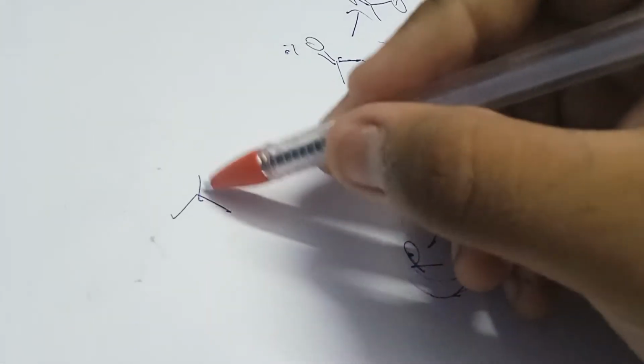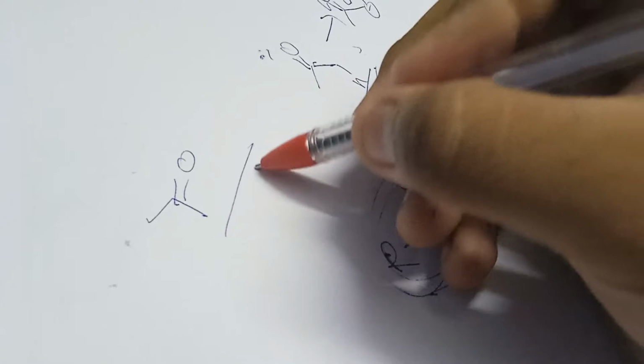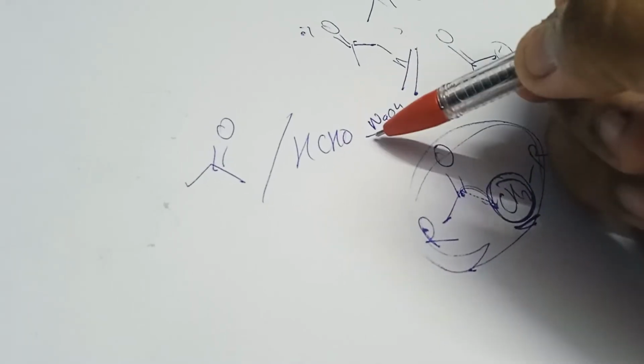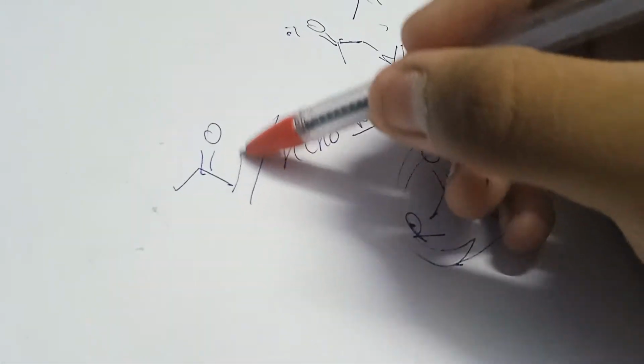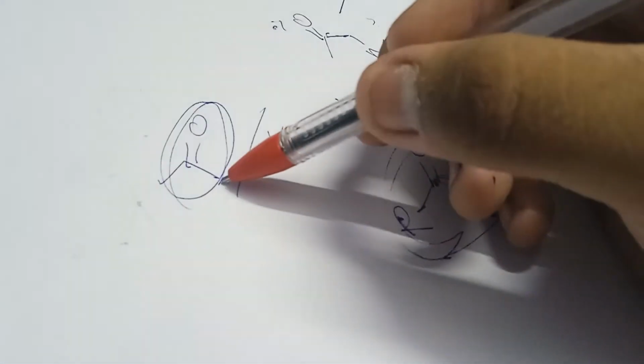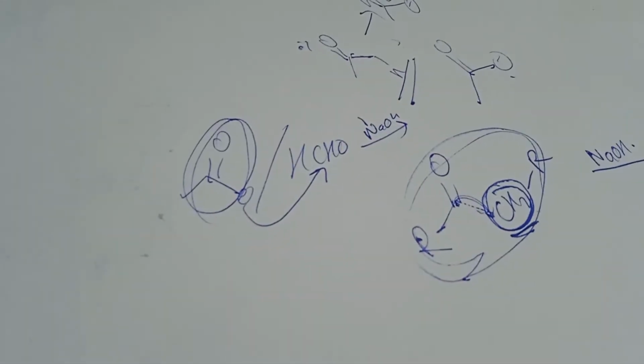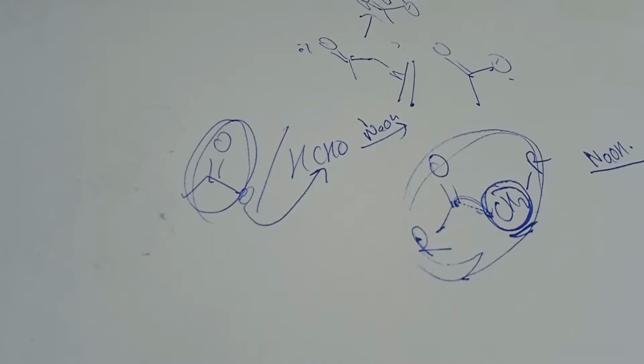And if we have some other compound, for example acetone, which is reacting with formaldehyde in presence of NaOH as a base, then first of all we would take its hydrogen, because we will get a carbanion here, and it would attack on formaldehyde, and formaldehyde is best for nucleophilic addition.